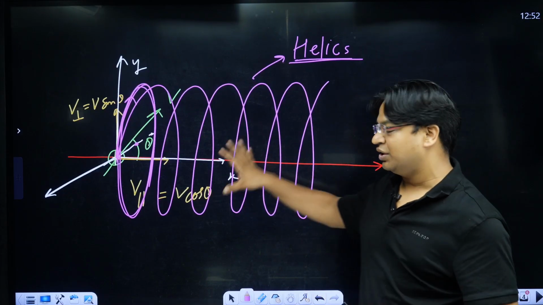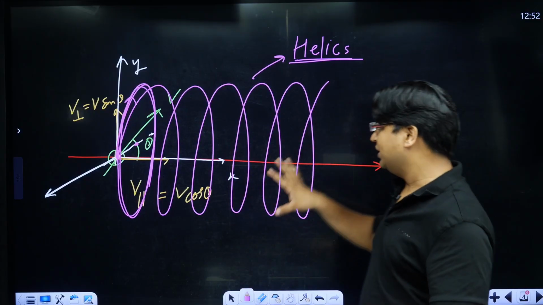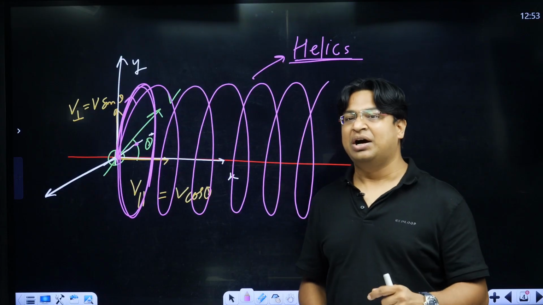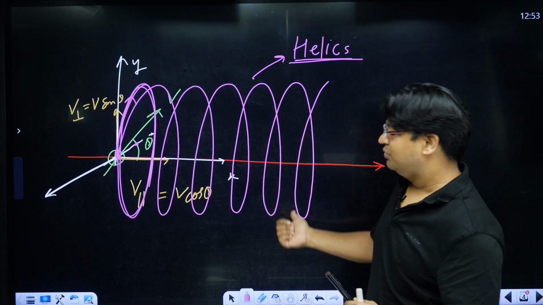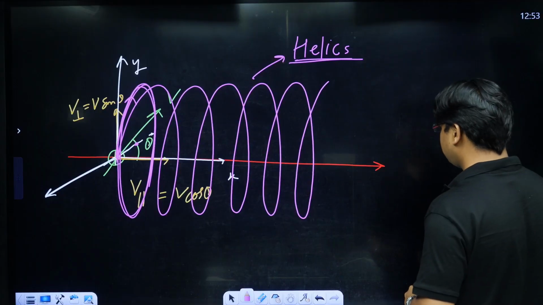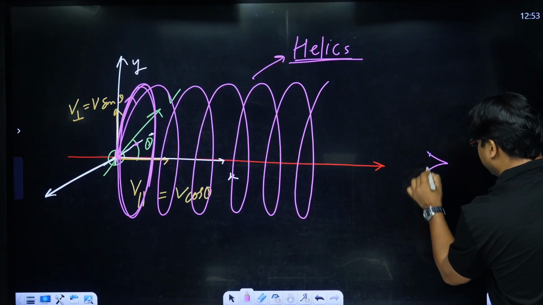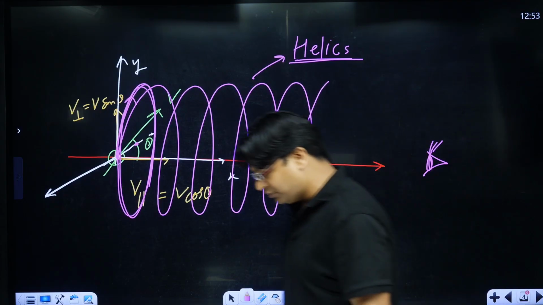Because a helix is a three-dimensional figure, drawing it in 2D will take some imagination to picture what kind of shape we are drawing. So if an observer is looking from here, what does this observer see? Let's think about this.